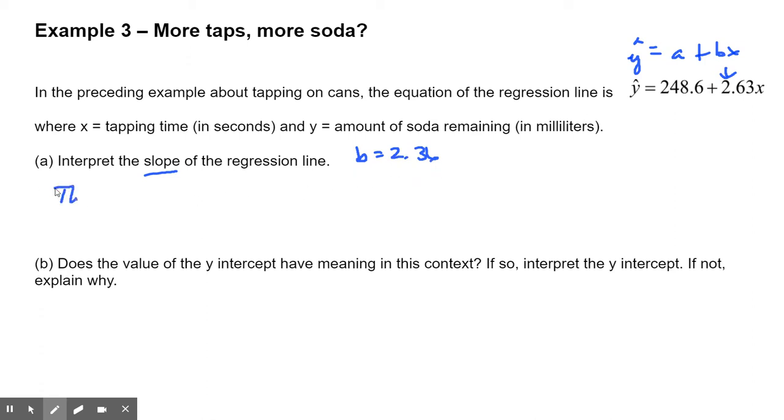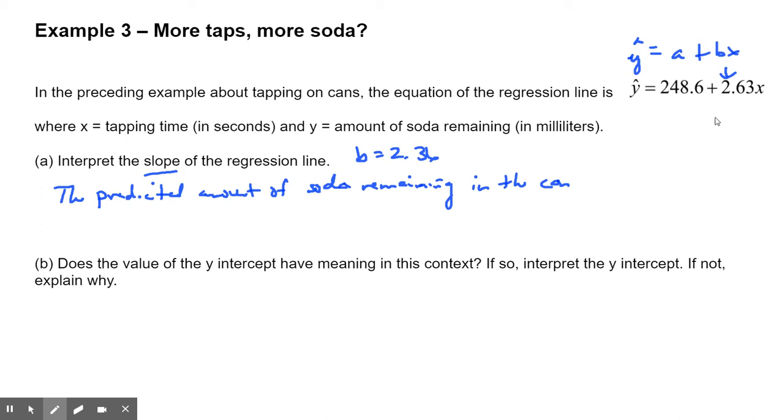The predicted amount of soda remaining, so this is what we're measuring, right? Soda remaining in the can. So that is me pretty much talking about the predicted y value, right? The predicted amount of soda remaining in the can.